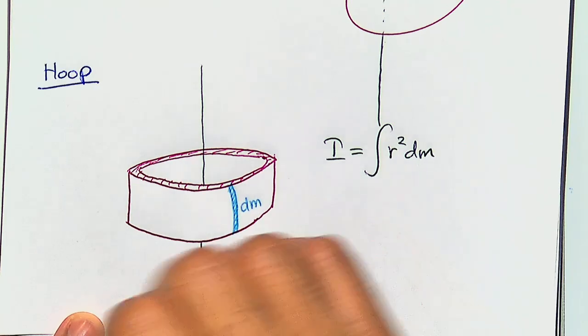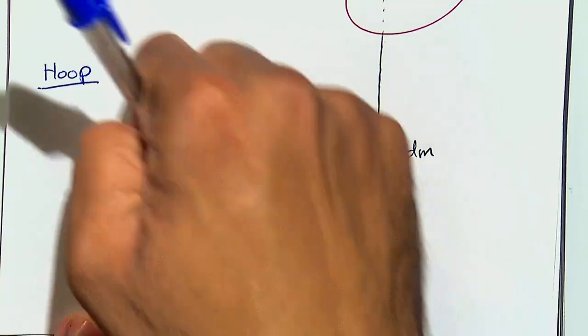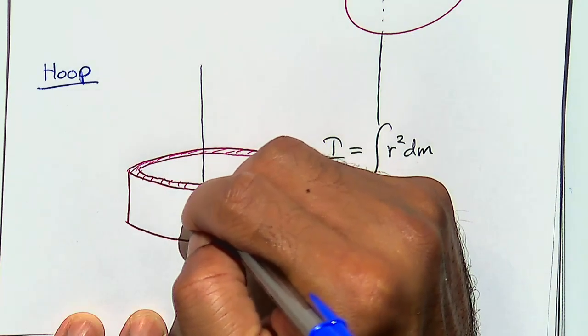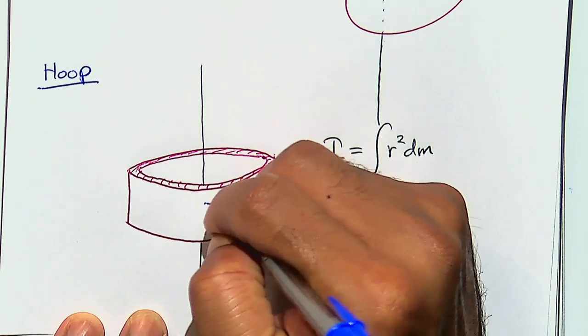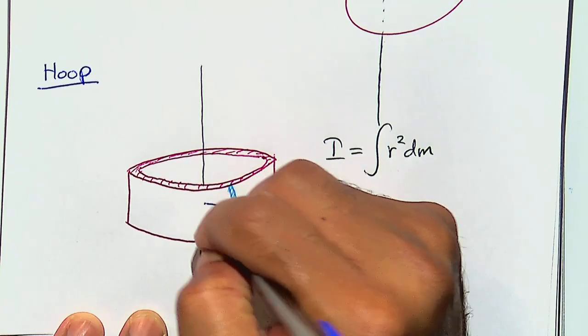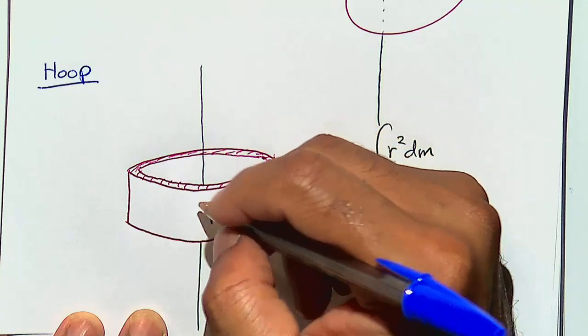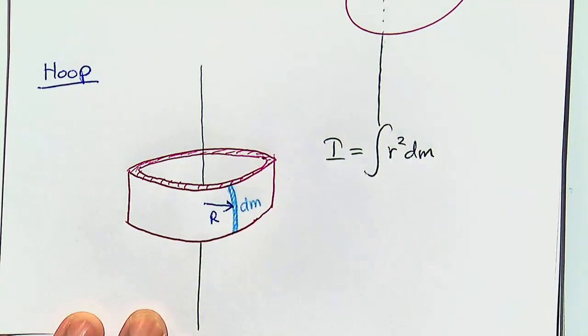So from the axis of rotation in here, if I draw from the inside out, there's a certain r. That's the radius of the hoop, because every single dm that I draw will have the same distance.